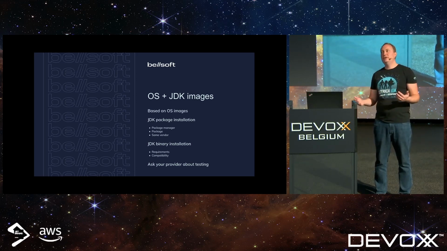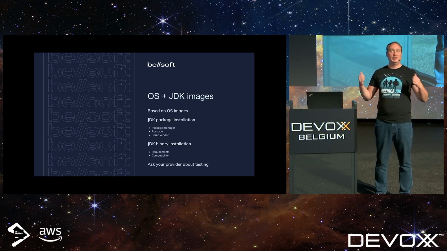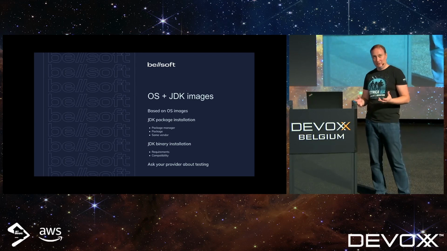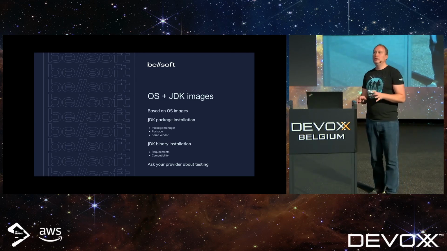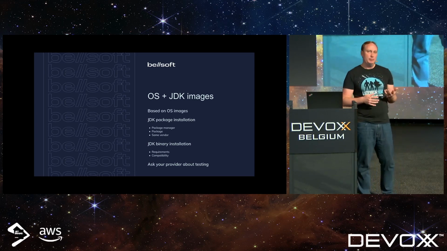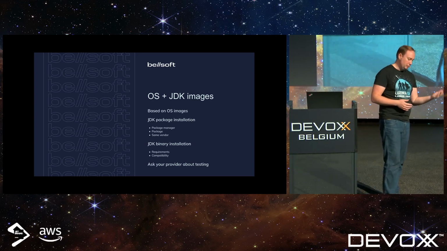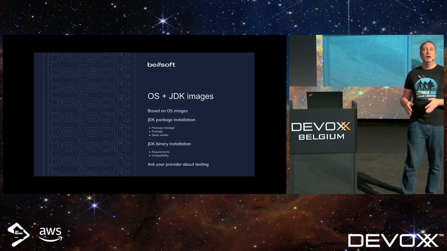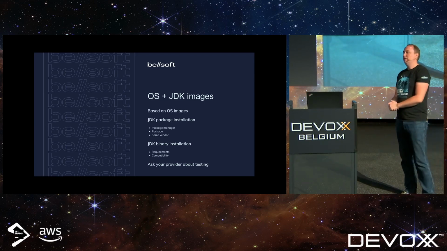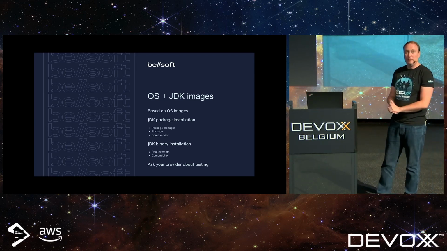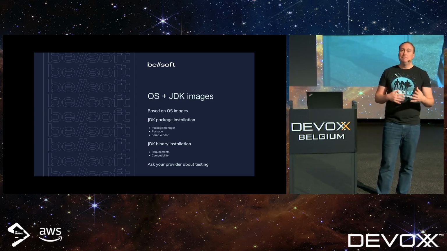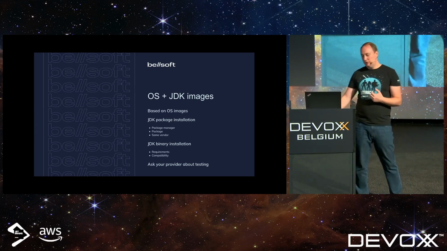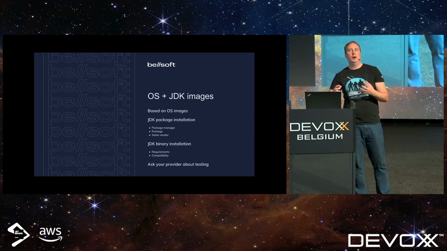Well, there's typically some provider that provides such images, and there must be some testing around that, right? And the way the JDK is put in such an image is not that important. It can be installed as a package of this system, from the default repository or from some external one, or it can be installed as a binary. Anyway, it should be tested as a whole, together.